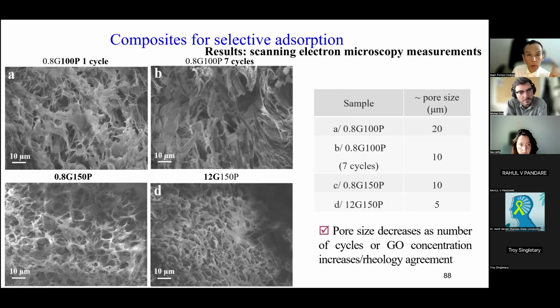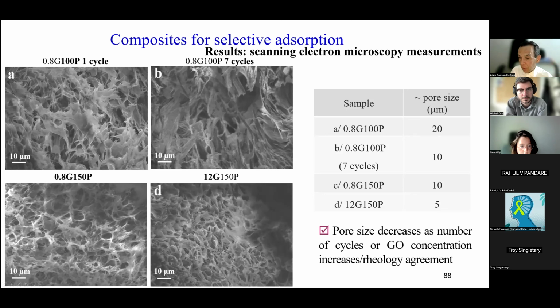If we compare figure A and B, you increase the number of cycles, so you obtain a decrease of pore size. And by increasing the concentration of graphene oxide, the fillers, if you compare figure C and figure G, you also put in evidence a decrease of pore size.